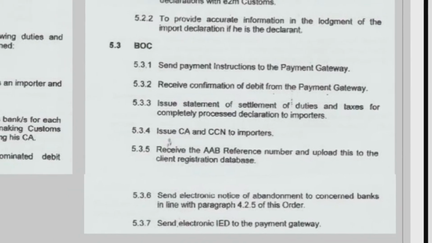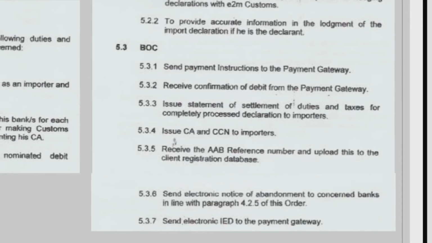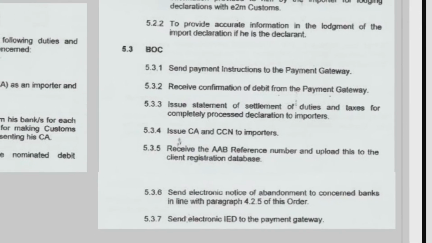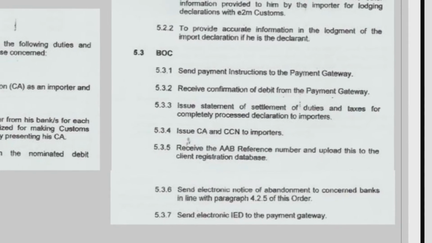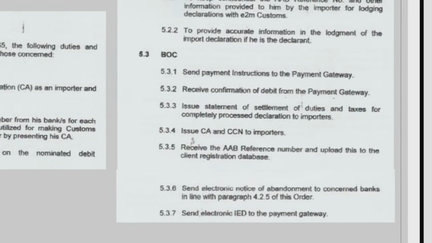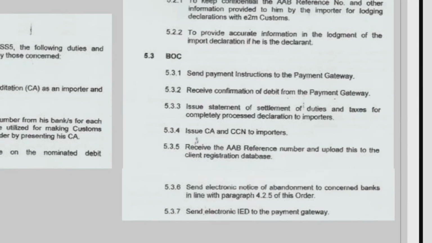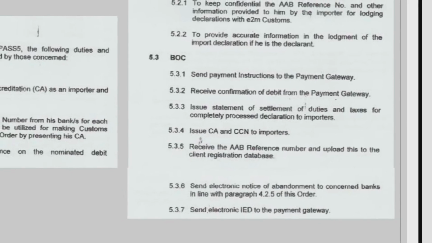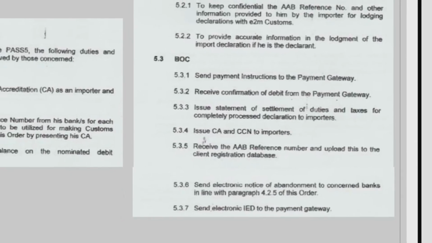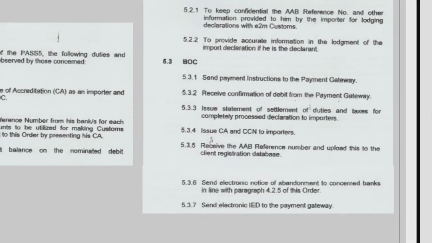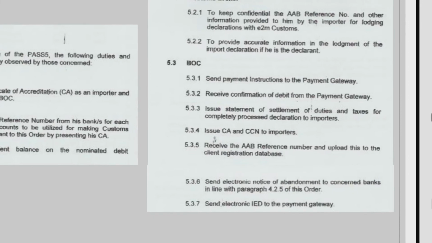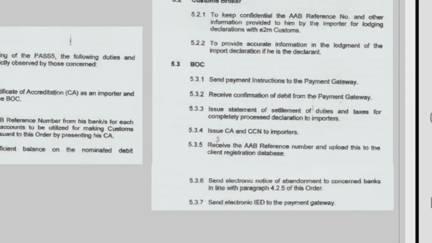Once that particular shipment has already been finalized and assessed by the officers in the Bureau of Customs, then the Bureau of Customs shall send the payment instruction through the payment gateway to the authorized agent bank. When the authorized agent bank has received the payment instruction, they are going to confirm the payment and then send it back again to the Bureau of Customs.